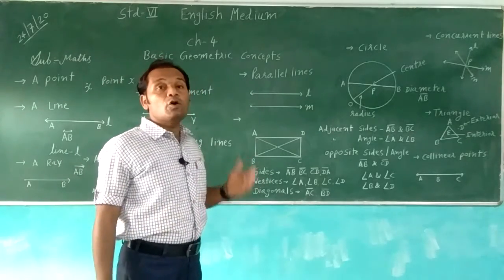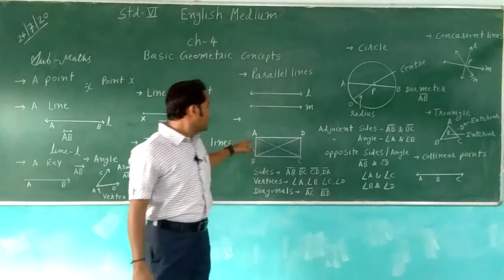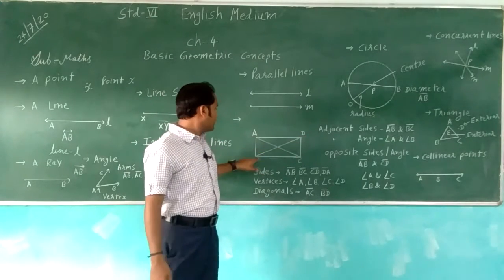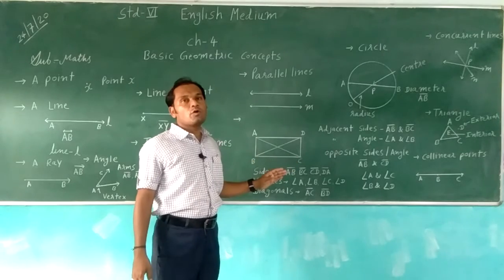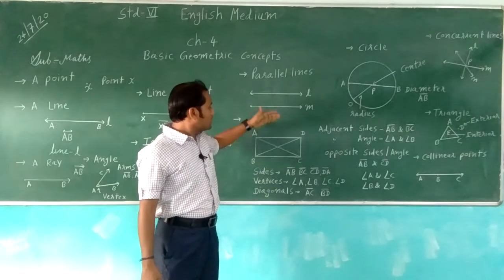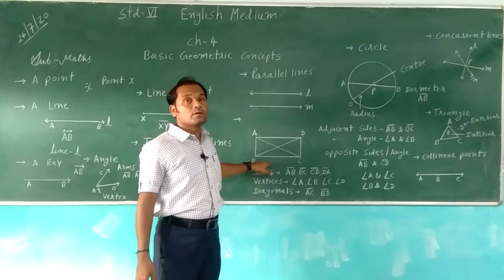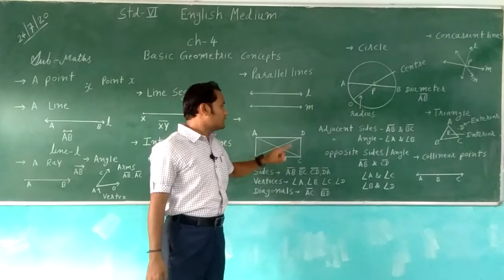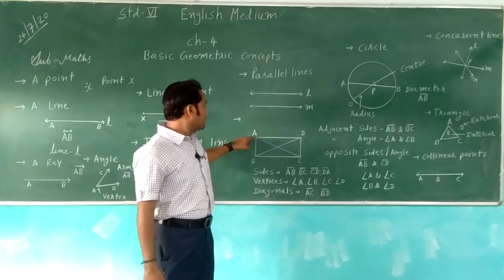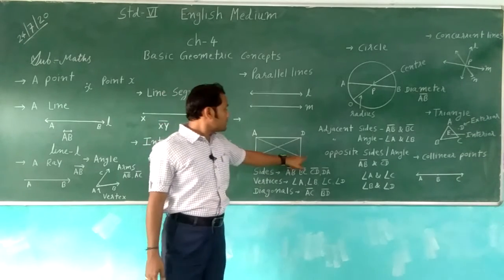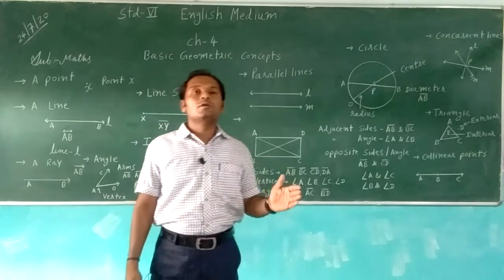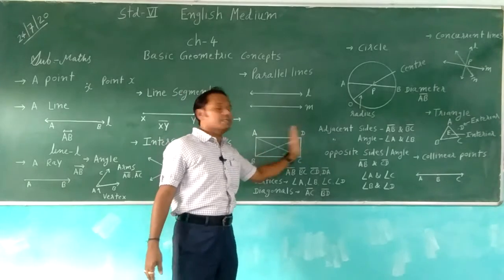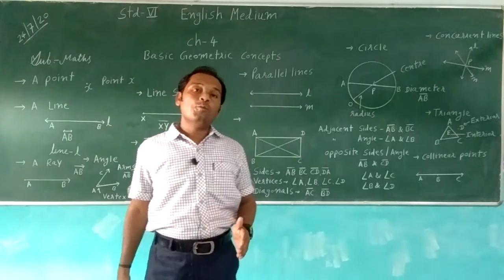Now we'll see opposite sides. In this figure you can see that line AB and line CD are opposite, because this line and this line are called opposite. In the opposite way, they are in opposite directions. Line AB and line CD are in opposite directions, so they are called opposite lines.